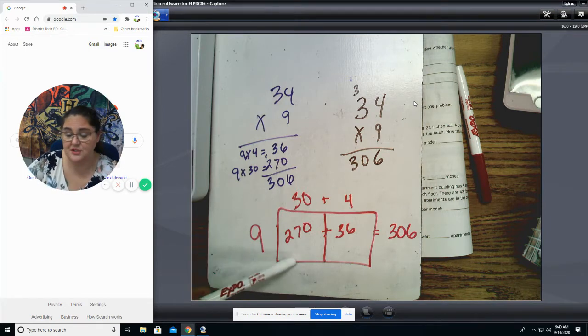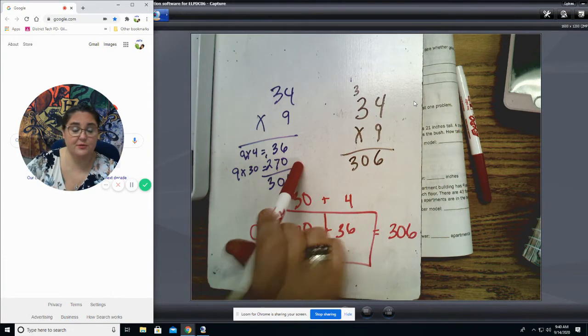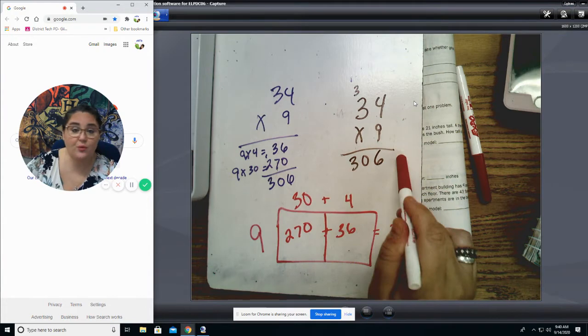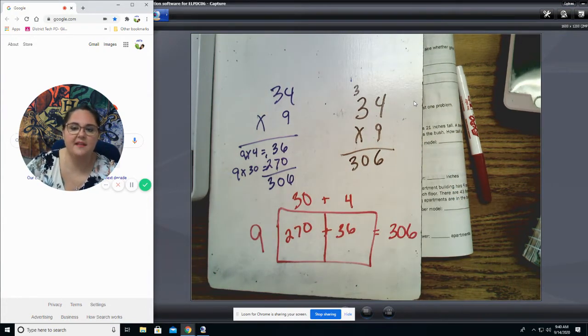So if you don't understand area model, just being honest, I didn't understand it the first couple of times that I had to learn it. That's okay. If partial products throws you for a loop and you have no idea what it's doing, fine. If you don't understand traditional, fine. Find a method that works for you. And don't find the calculator because you need to learn how to do it.